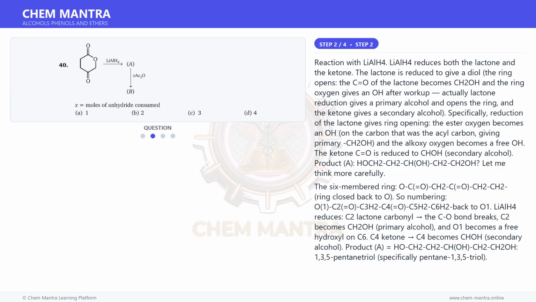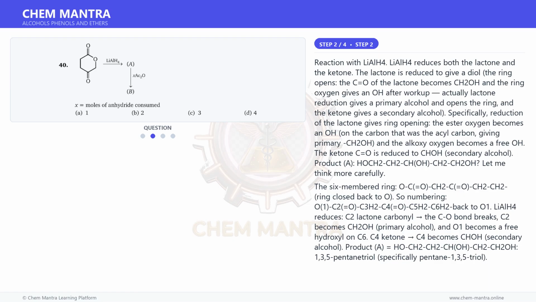Product A. Let me think more carefully. The 6-membered ring: O, C=O, CH2, C=O, CH2, CH2 closed back to O. So numbering O1, C2=O, C3H2, C4=O, C5H2, C6H2 back to O1.